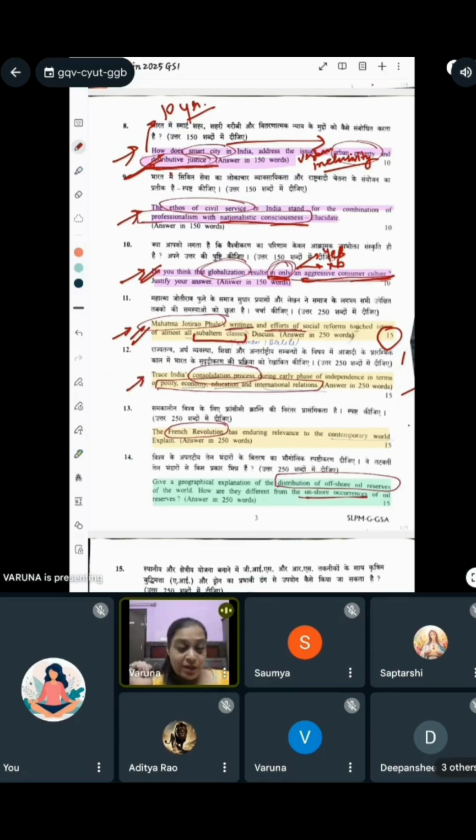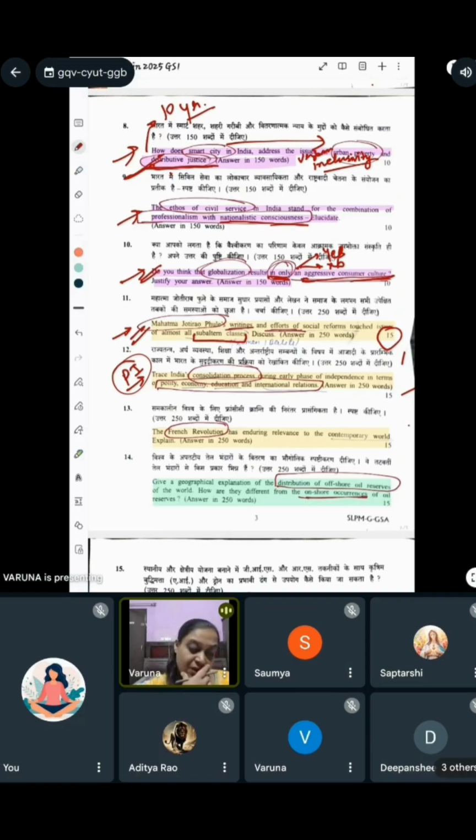Now let's move to the next question. Trace India's consolidation process during the early phase of independence in terms of polity, economy, education, and international relations. Post-independence, right?